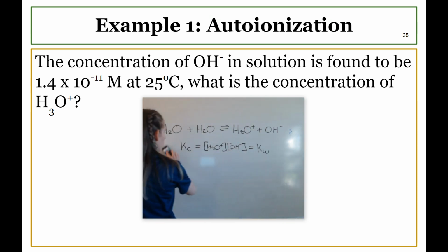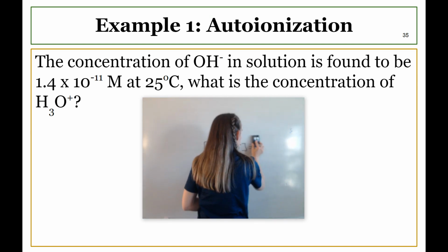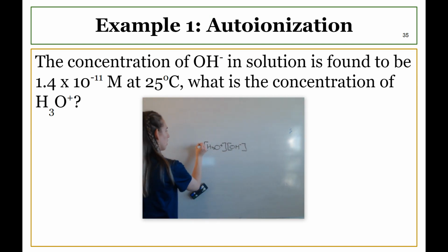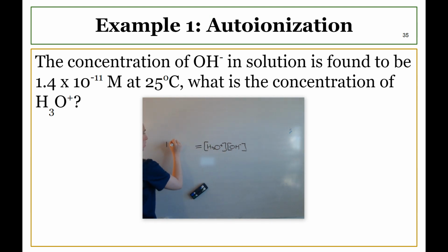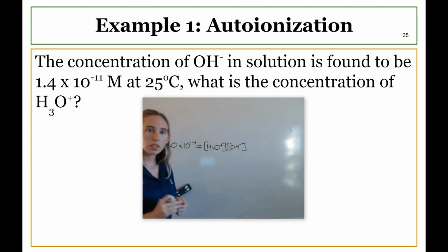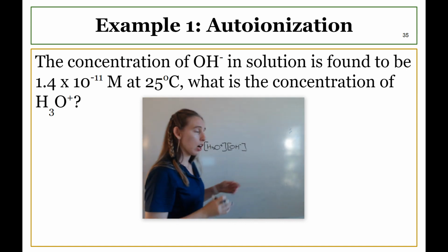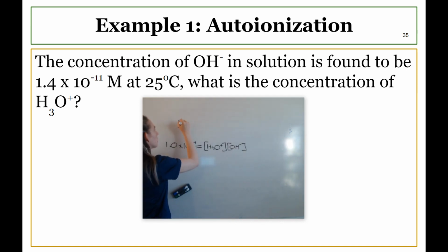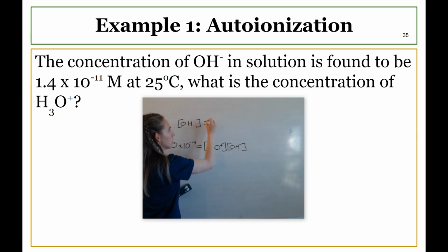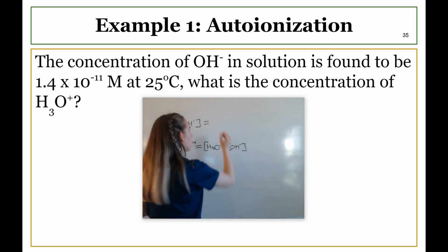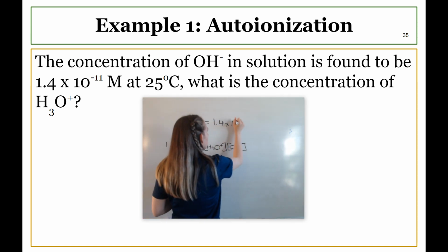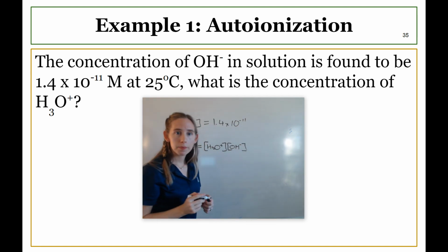Okay. So we have this equation right here. These two multiplied together is equal to 1.0 times 10 to the negative 14. We're being told that our hydroxide concentration is this, 1.4 times 10 to the negative 11.